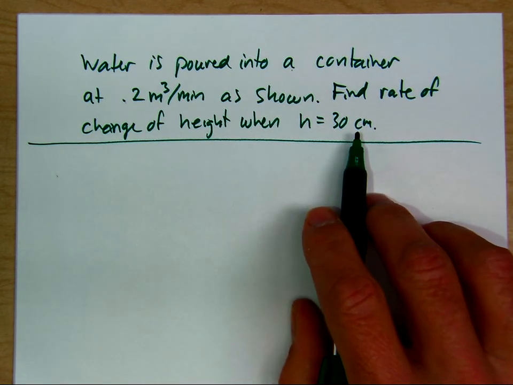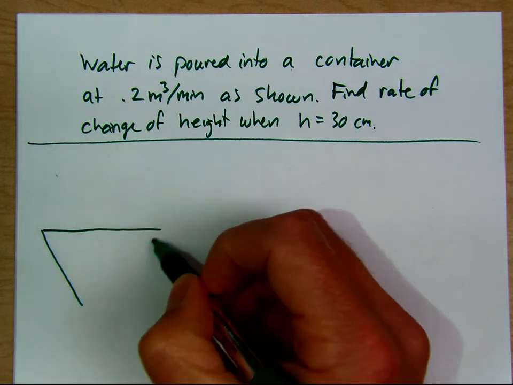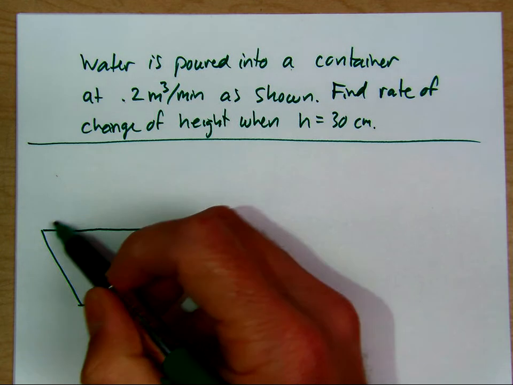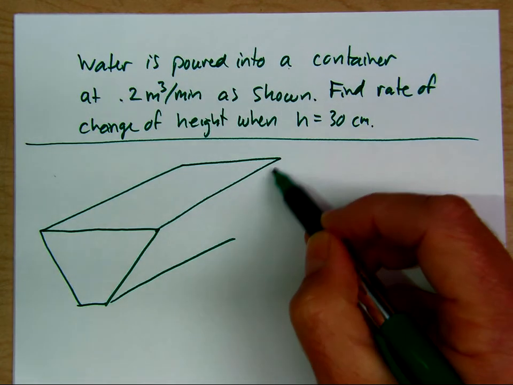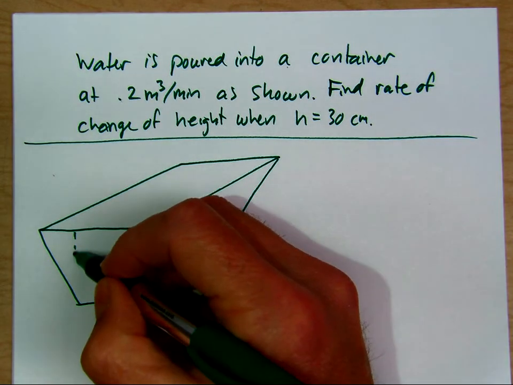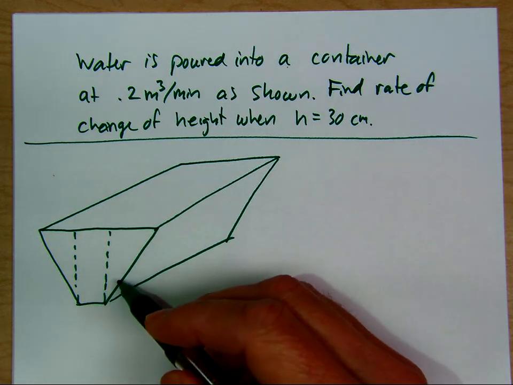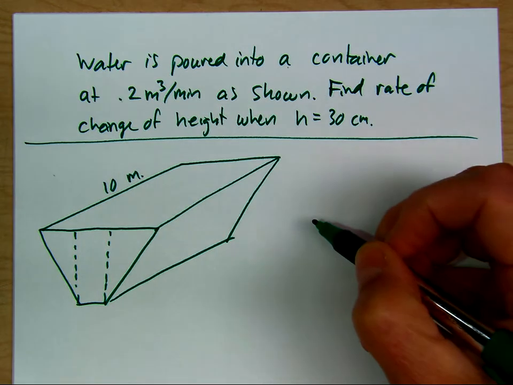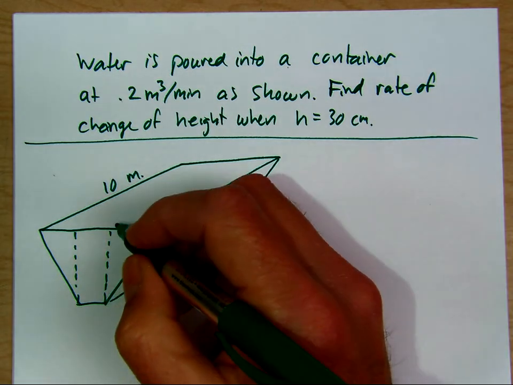And here are the dimensions of the container. They'll call that an isosceles trapezoid, and then it goes back like this. Okay. This is going to be an important step in the problem. We'll say that this is 10 meters, and we know that the height of the container is 50 centimeters.